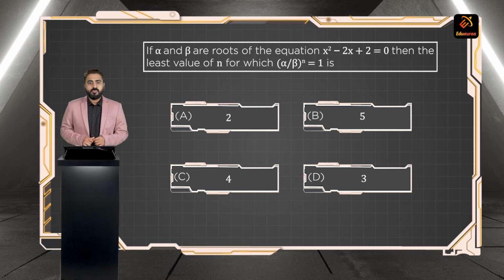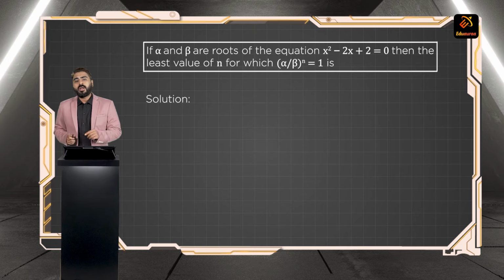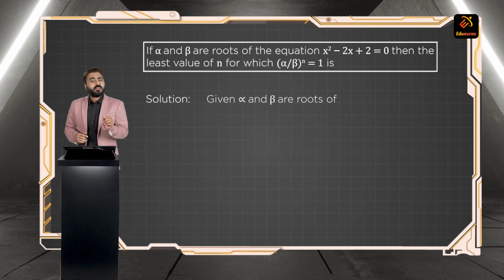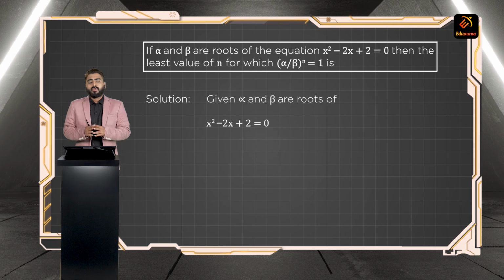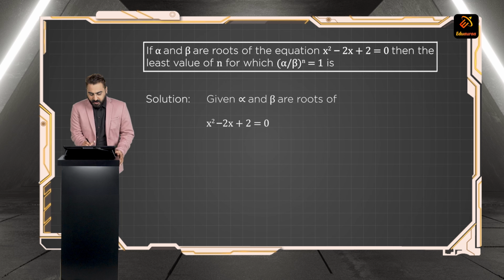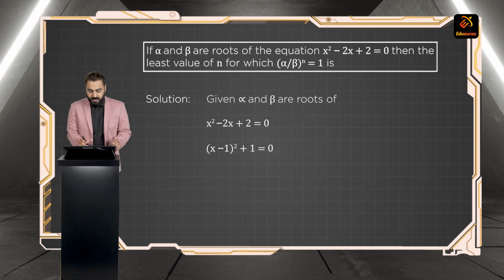And how to solve? Now students, we all know that given alpha and beta are the roots of the quadratic equation. So the equation is x square minus 2x plus 2 equals to 0. So can we write this as (x minus 1) whole square plus 1 equals to 0?